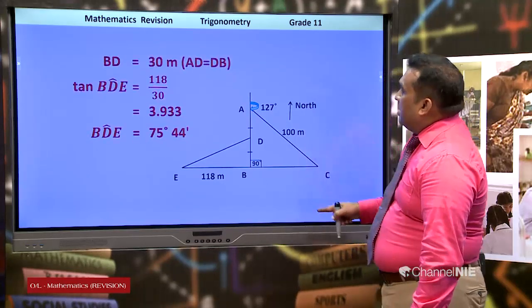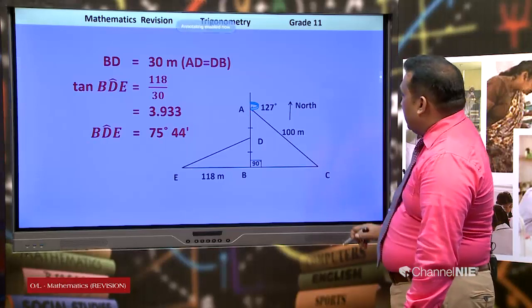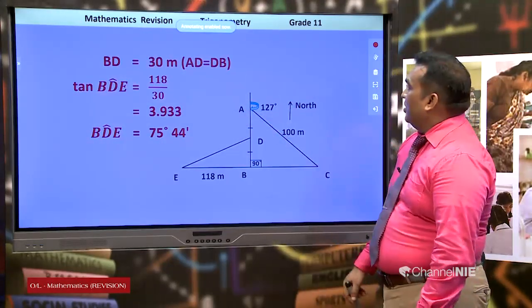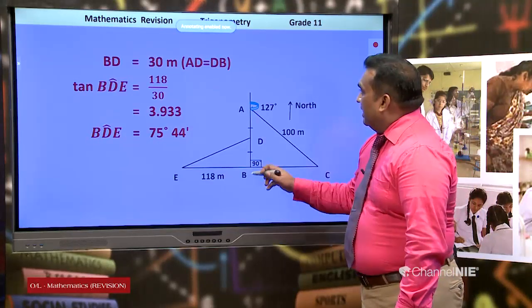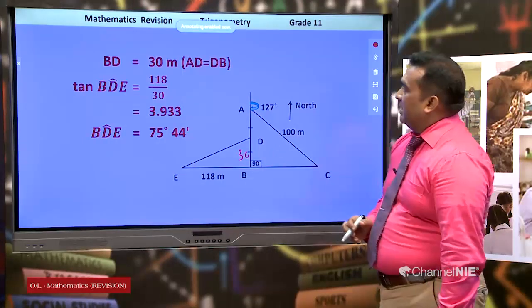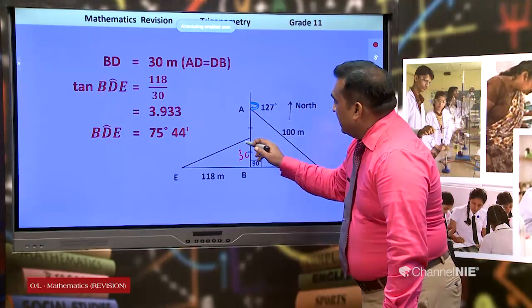Then BD is 30 meters, because AD is equal to DB, so BD is 30 meters. Tan BDE, this one.